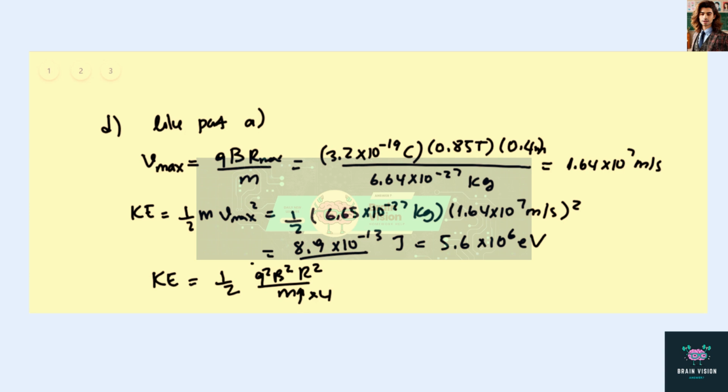But q is twice, so when we take the square of it, we're basically multiplying the kinetic energy by 4 but dividing it by 4, so we're getting pretty much the same kinetic energy that we have for a proton for the kinetic energy of the alpha particle.